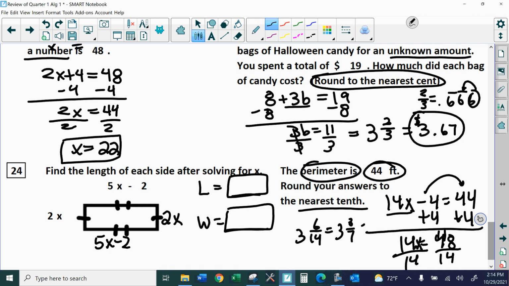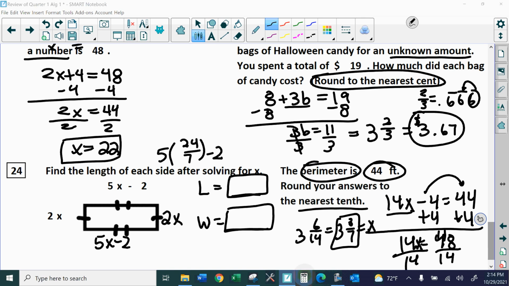That's what x is. When I substitute that back in and a final answer, I'm going to put in the calculator. So length, it says 5 times, and that's going to be 21 plus 3 is 24/7. And then it says minus 2. So now you can type that in your calculator.